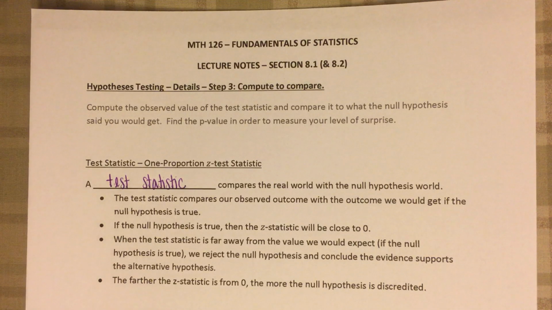And that should make sense because if we have a z-value close to 0, it's close to our mean. When our test statistic is far away from 0, far away from a value we'd expect, then we're going to reject our null hypothesis and conclude that the evidence supports the alternative hypothesis. The further away the z-statistic is from 0, the more the null hypothesis is discredited.